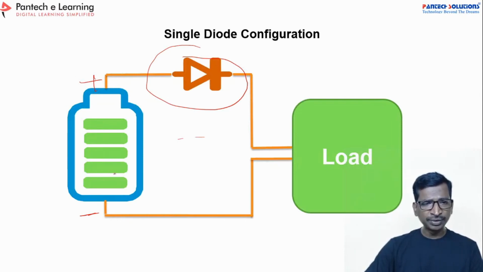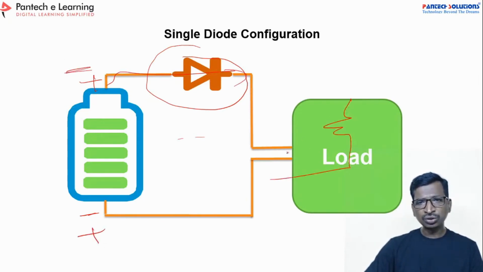If it is positive and negative in the correct direction, then the diode will carry the current. If you connect the battery in reverse, the positive and negative will be swapped, and the diode will be in reverse polarity.